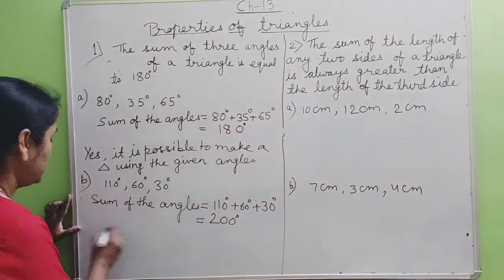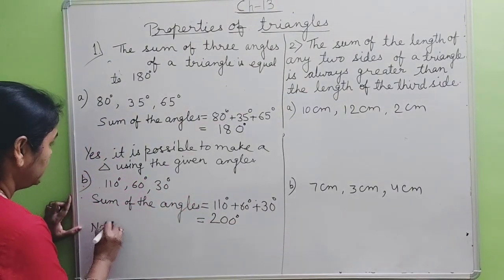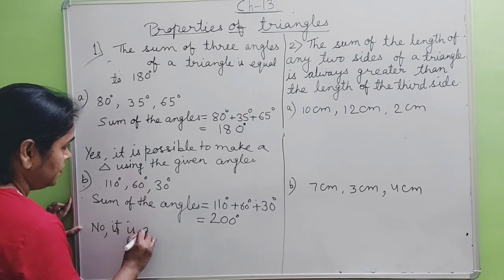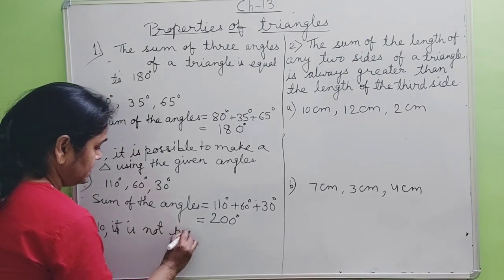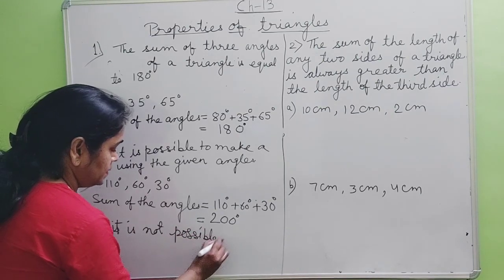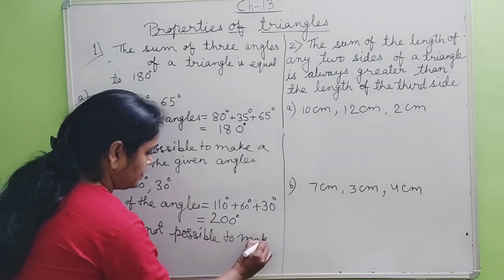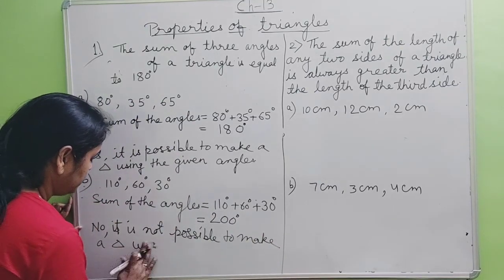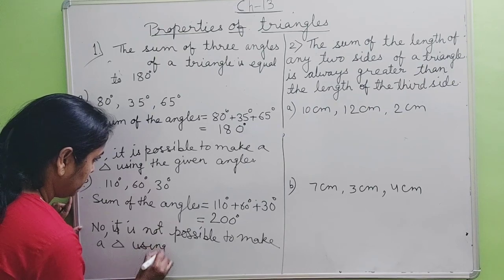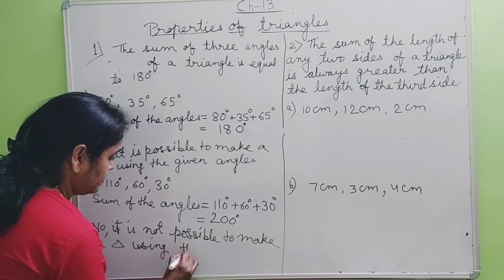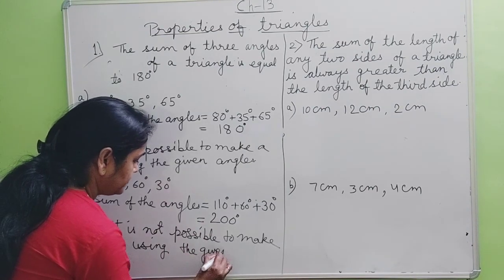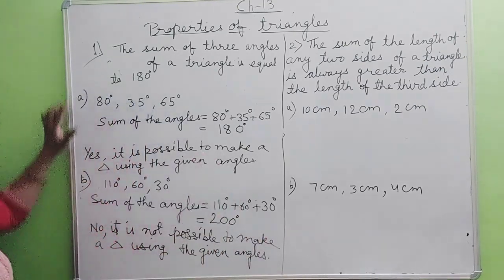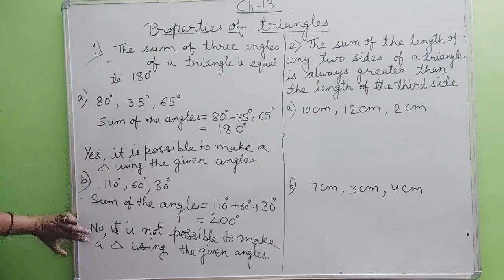So you will say no, it is not possible to make a triangle using the given angles. So this is the first property and we have solved two questions.